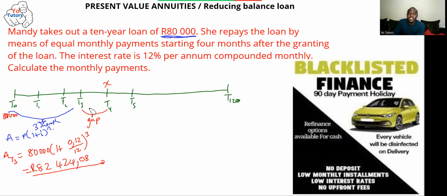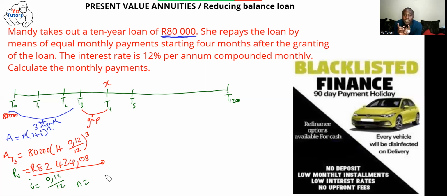Okay, after the 3 months, now you can start paying. So when you're starting to pay, this one here becomes our PV. So here we have got our PV, and our I is 0.12 over 12. What is our N? Remember, you are starting to pay when? At T4.